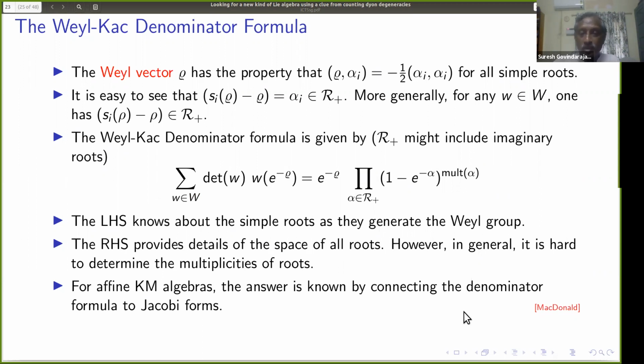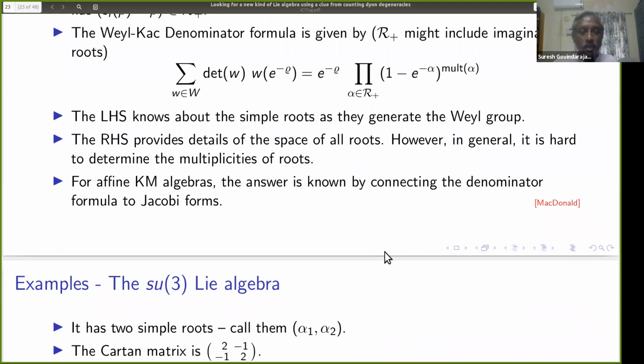In a general situation, the hardest part of the story is to get the multiplicity of roots. As the algebras become more and more complicated, beyond the finite examples which we know for semi-simple Lie algebras, where that's all very easy, once you go to affine itself, the answer becomes pretty hard. And the answer is known by connecting this denominator formula to Jacobi forms.